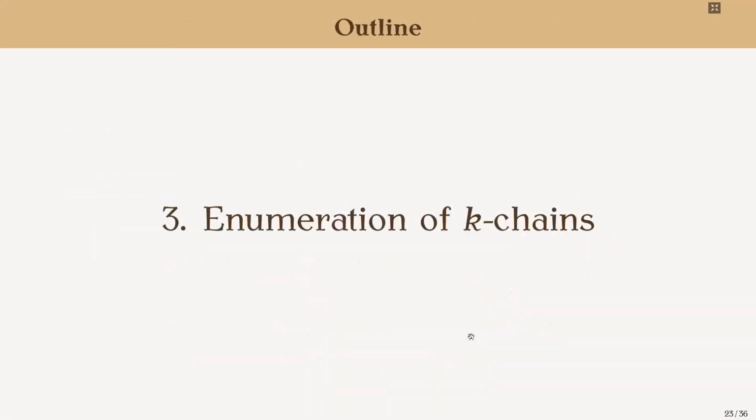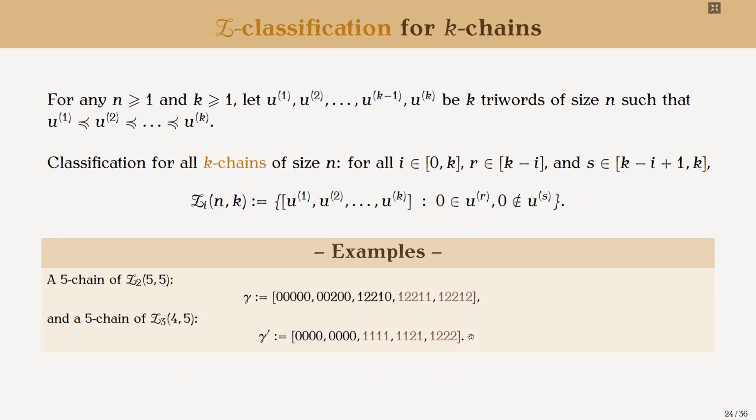So I will try to end this talk quickly by talking about the enumeration of chains of this poset. Simply, what we want is the enumeration of k-tuples, all comparable one to one, two by two, such that the first word is smaller than the second, smaller, etc., for the component-wise order.